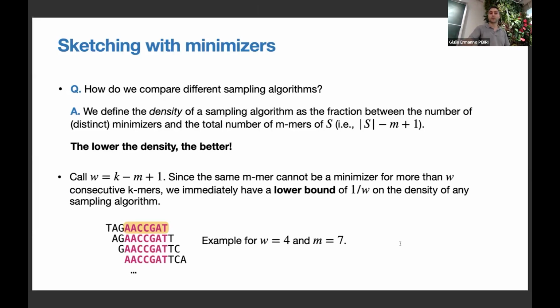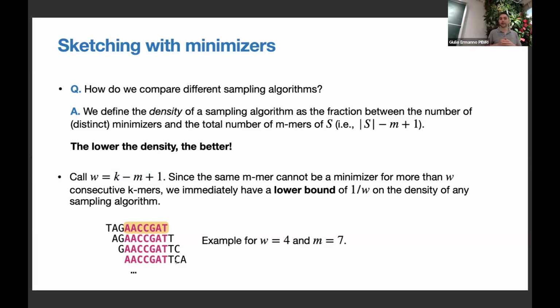The first thing to do immediately is to establish a lower bound for the density, and this is a very straightforward lower bound, 1 over W, where W is this quantity. This quantity, as you can see, is the number of m-mers that I have inside each k-mer. It's very easy to see because this is the best situation that I can have, because the same minimizer repeats for its maximum number of times.